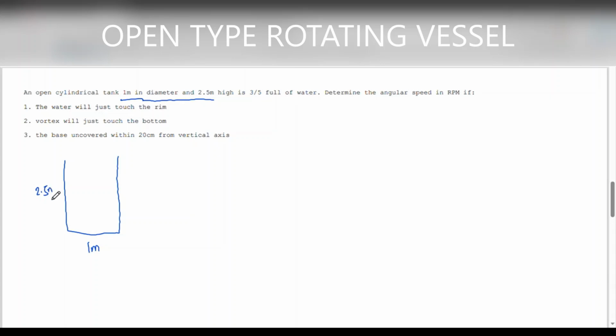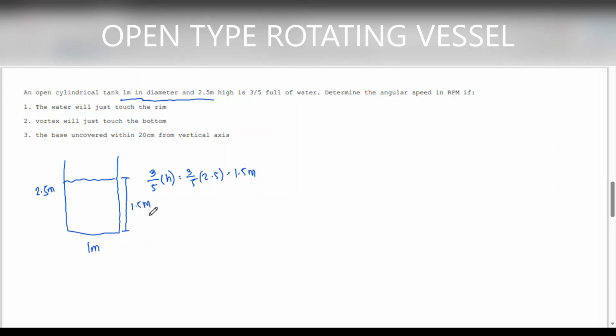Now the depth of water inside our cylinder is actually 3/5 of our height, or 3/5 of 2.5, which is equal to 1.5 meter. So the height of water in the tank is 1.5 meter.